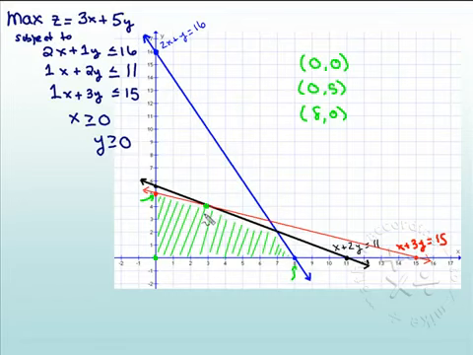To figure out what lines make up that point, this is where it's essential that you label them. Notice this is the red and black line making this corner point. So you would use elimination or substitution on the equations x plus 2y equals 11 and x plus 3y equals 15. If you were to do that, you would get the ordered pair 3, 4.